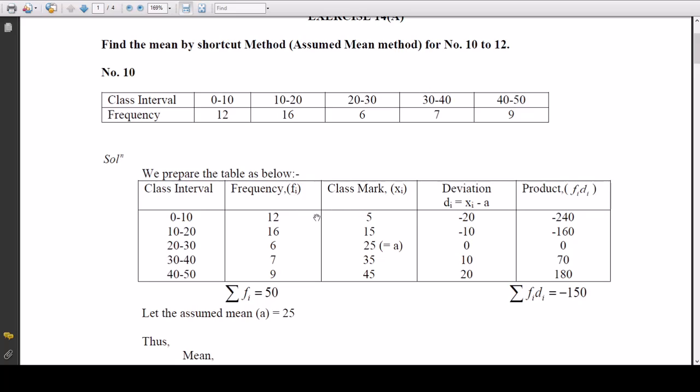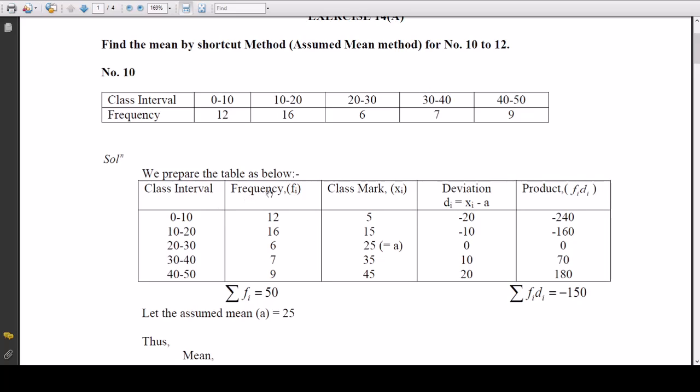Previously xi fi, that means class mark with frequency, but here we'll take fi di. Now 12 with minus 20 is minus 240. 16 with minus 10 is minus 160. 6 with 0 is 0. 7 with 10 is 70. 9 with 20 is 180.